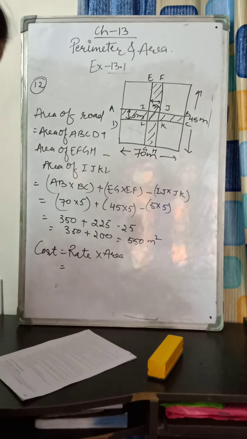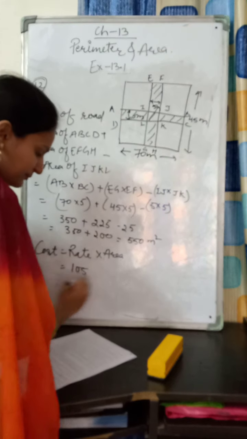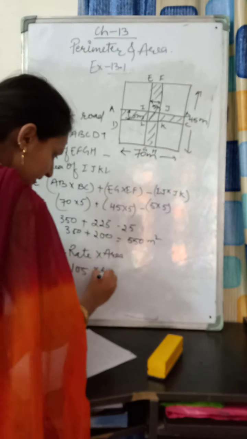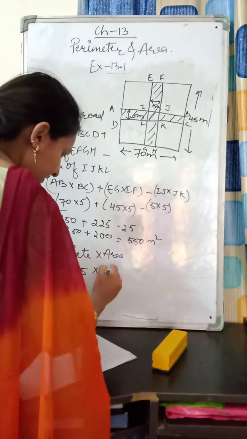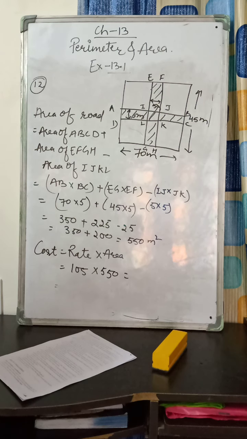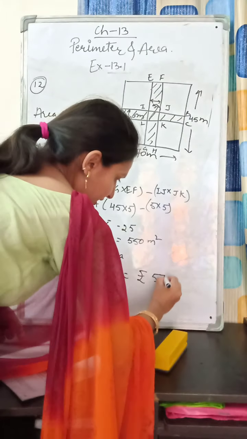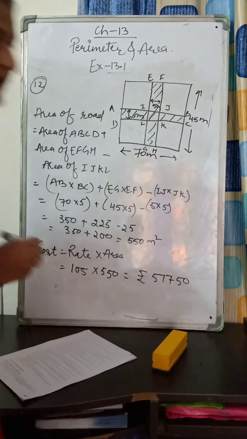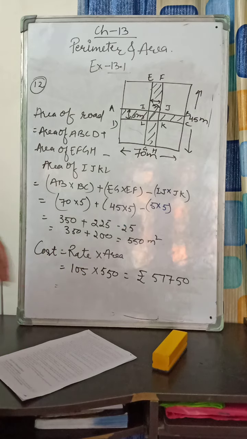The rate of constructing this road is 105 rupees per meter square and the area is 550 meter square. So here the cost is rupees 57,750. So this is the cost of constructing the road.